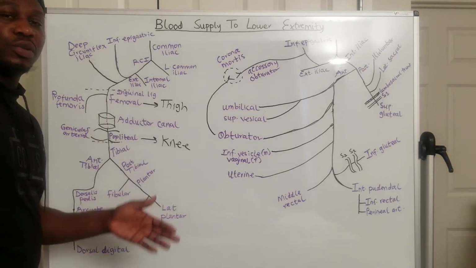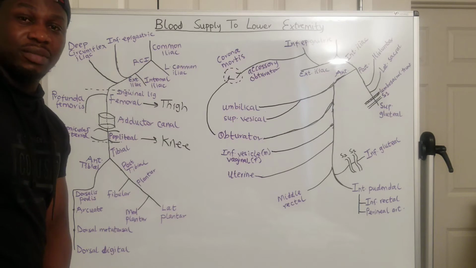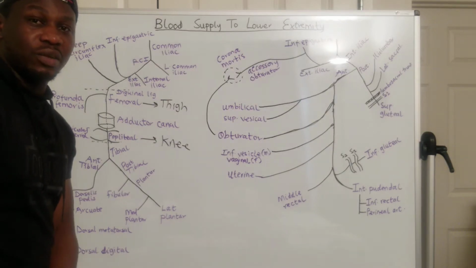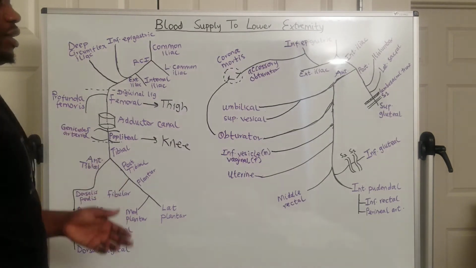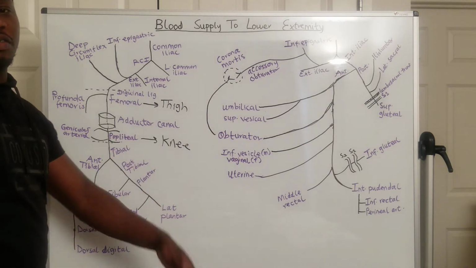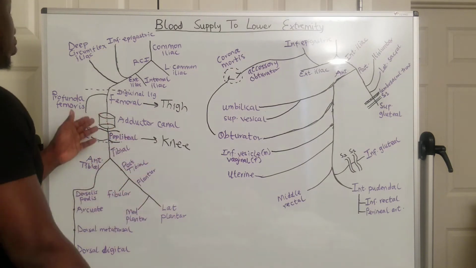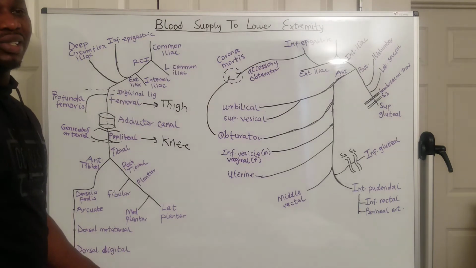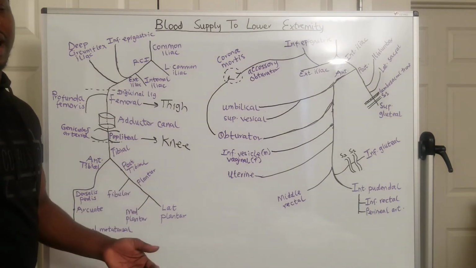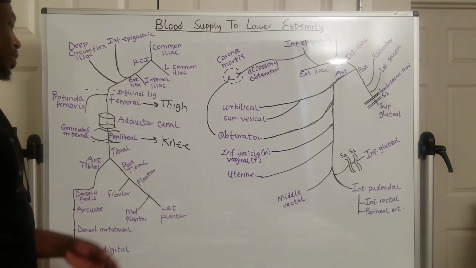The femoral artery will provide blood supply to the anterior muscles of the thigh. From the femoral artery, we have the profunda femoris. Profunda means deep, so this is the deepest branch of the femoral artery.